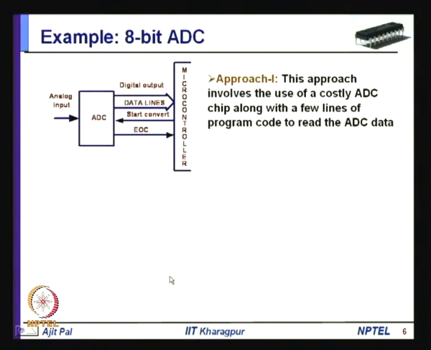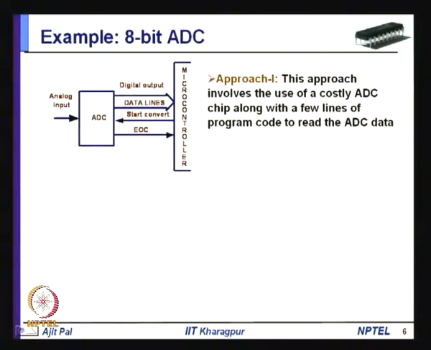Suppose you have to implement an 8-bit analog to digital converter in the context of a microcontroller based application, where maybe you have to sense temperature, ambient temperature or temperature of a water bath or whatever it may be. So, you have to convert an analog voltage to a digital one. This is a very common requirement in almost many embedded applications.